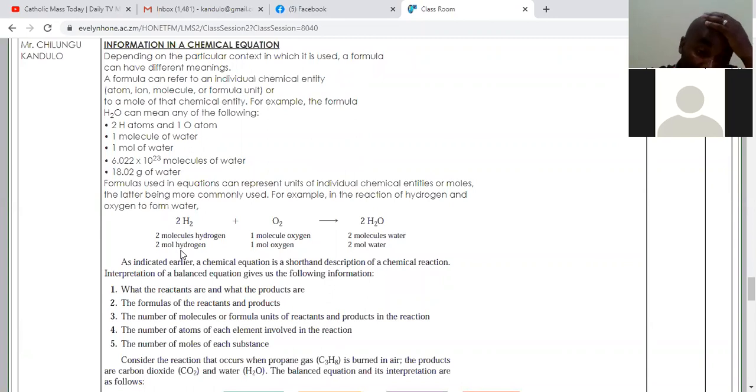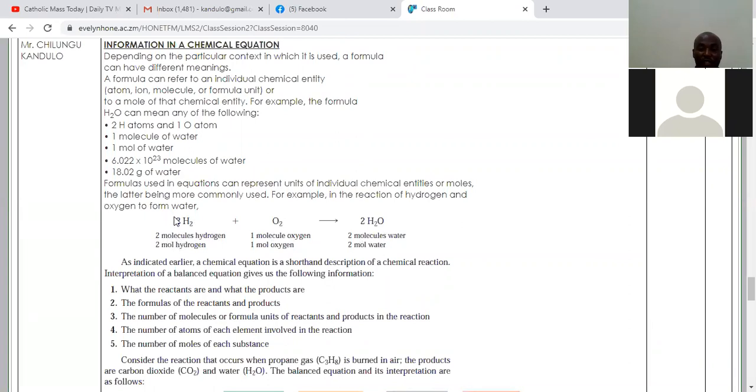So when you have 2H2 plus O2 giving you 2H2O, what that means is that you're going to have 2 molecules of hydrogen, 2 H2 to be exact, plus 1 molecule of oxygen, giving us 2 molecules of H2O.